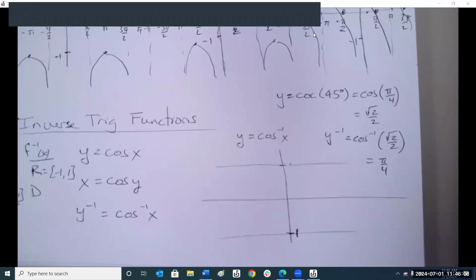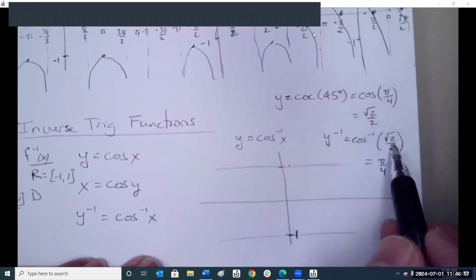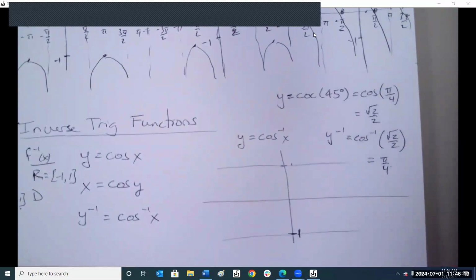It's the inverse. It's the opposite. I give you the angle, you give me the solution. The inverse is I give you the solution, you give me the angle. Isn't that what your trig teachers taught you?